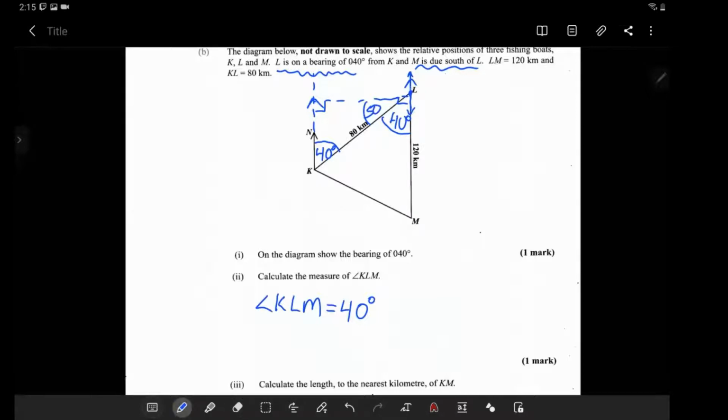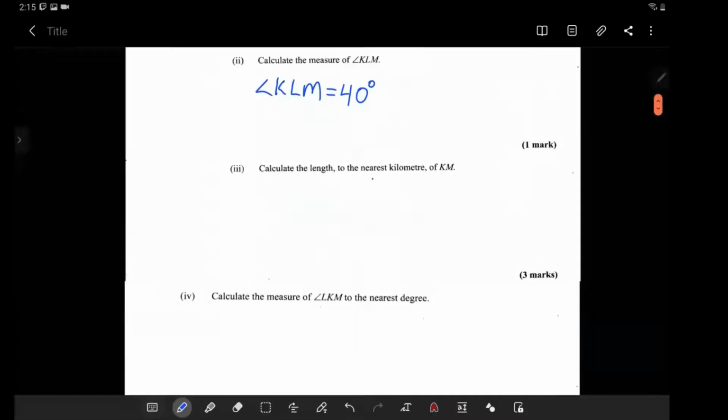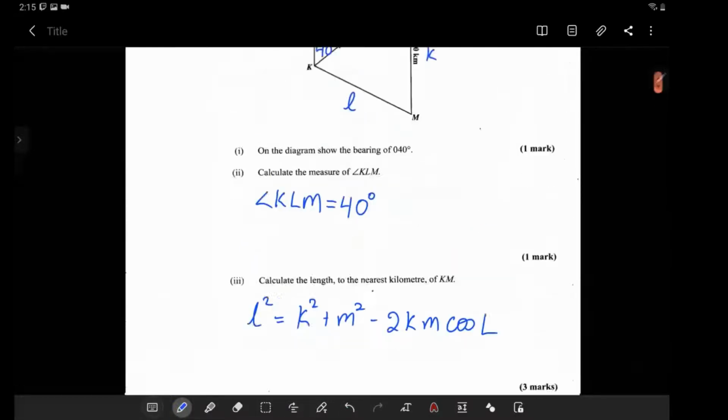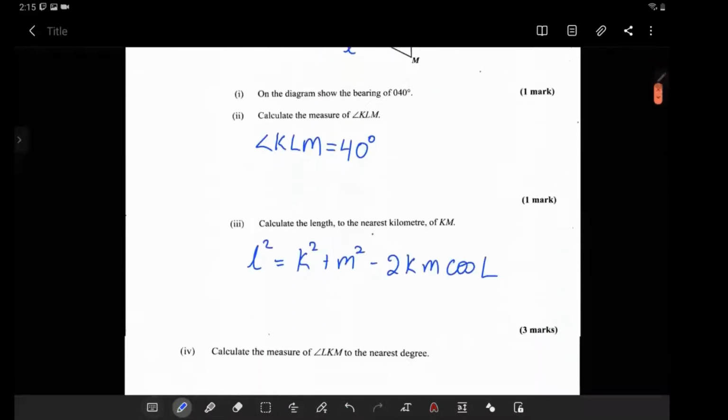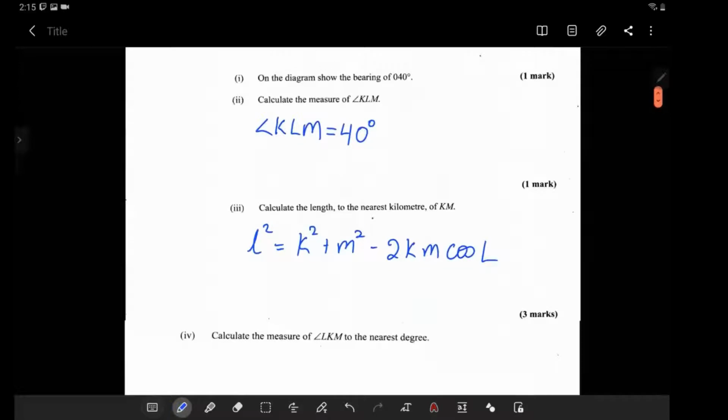Since this is L, I'll label this side little l, this side is little k, and this side is little m. The cosine rule states that l squared is equal to k squared plus m squared minus 2km cosine of the angle L. That's capital L because of where the angle is. So we could work this out pretty quickly.